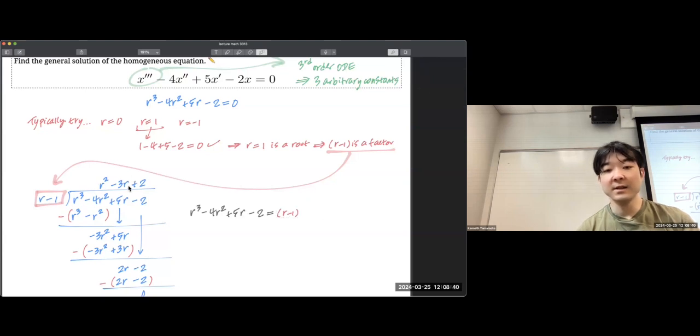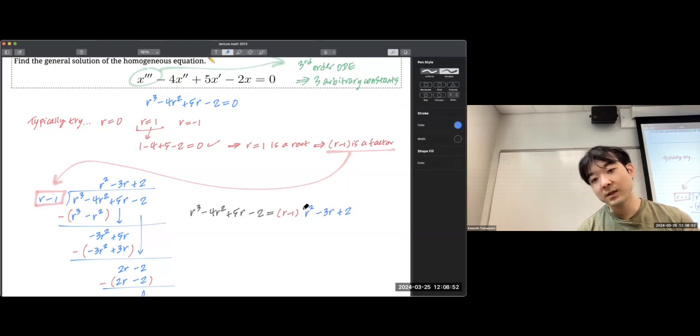And then we divided this and got that the other factor is going to be this quotient up here. So I'll put parentheses around that. This is saying that this factors into this.